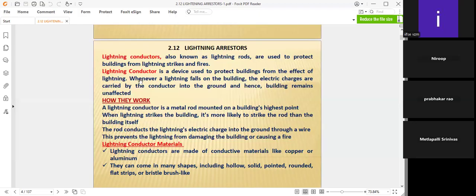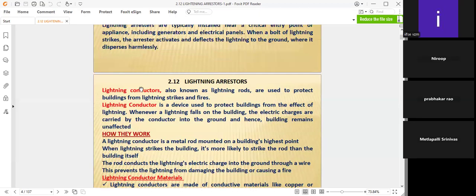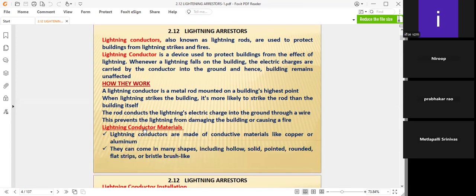Whenever lightning falls on the building, the electric charges are carried by the conductor into the ground, and hence the building remains unaffected. This is a somewhat clearer explanation once again. They act as a conductor into the ground, and hence the building is not affected, because the lightning arrester is installed over and above the building. The working is also clearly told.